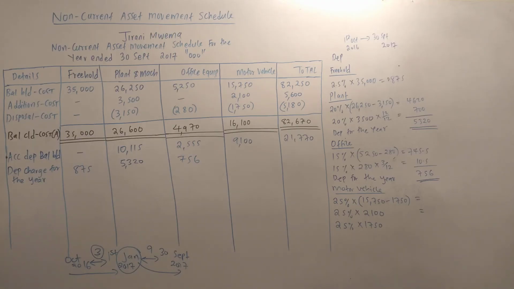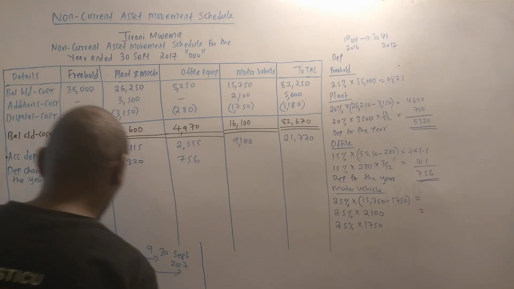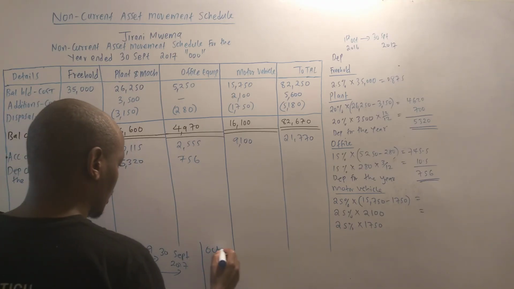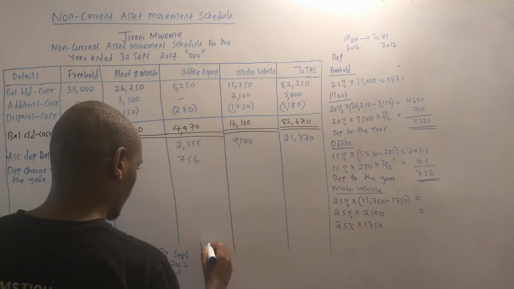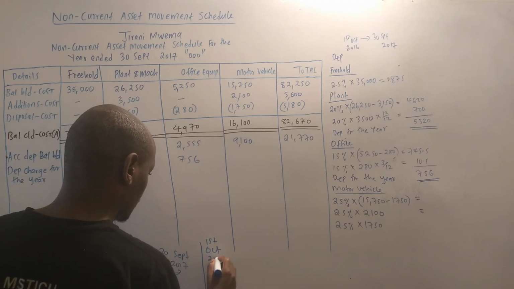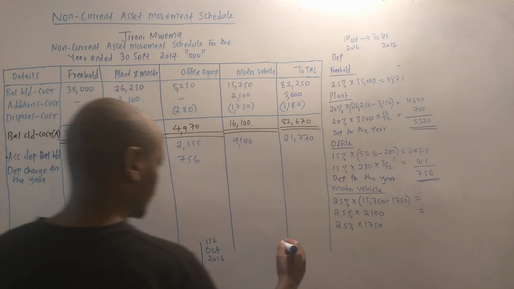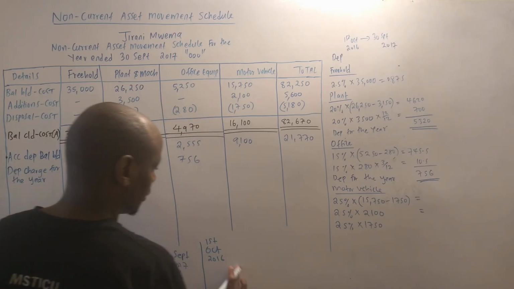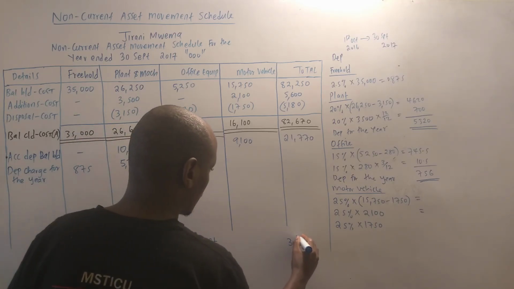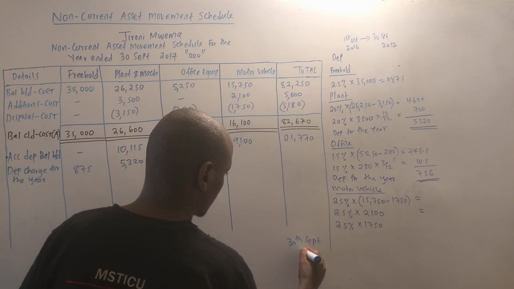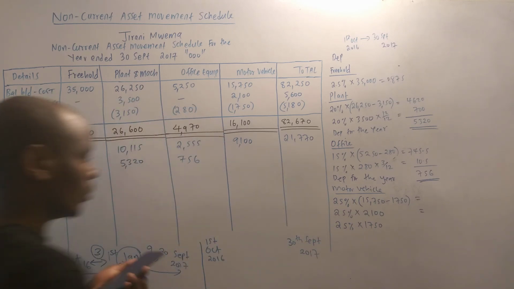Now let us see. Our year starts on 1st October 2016 and ends on 30th September 2017. So let's go to the motor vehicle.